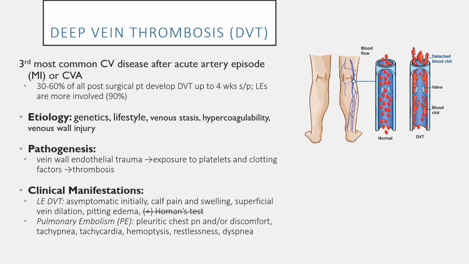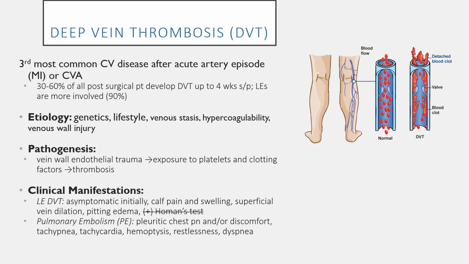Occurs in 30 to 60% of all post-surgical patients up to 4 weeks after surgery, with lower extremities being more commonly involved. Etiology includes genetics, lifestyle factors, venous stasis, hypercoagulability, venous wall injury.